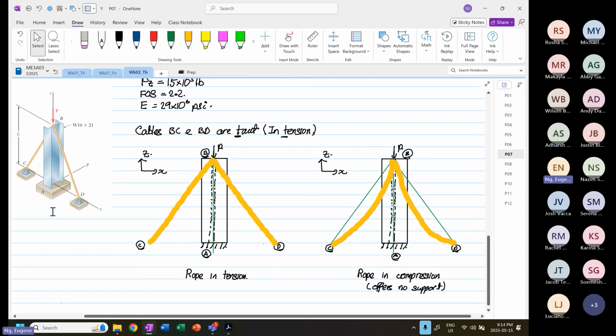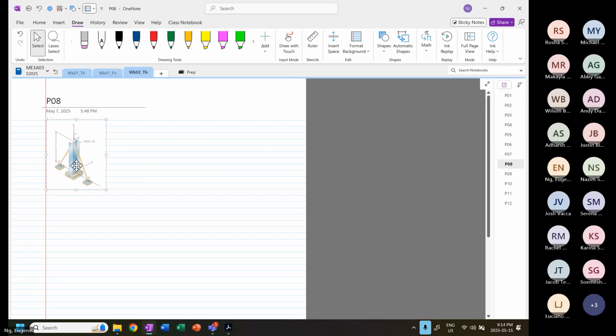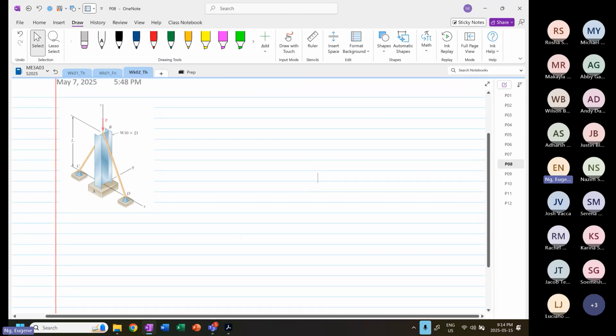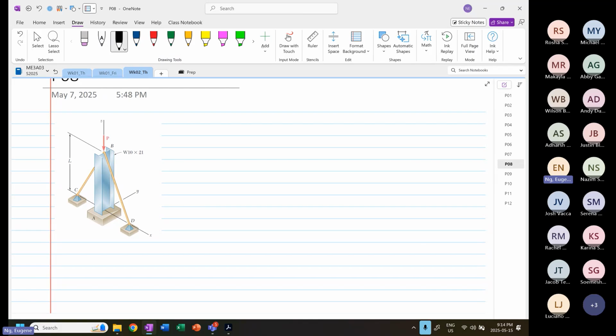So the next few figures we're going to draw, we are going to specify the ropes BC and BD are in tension.